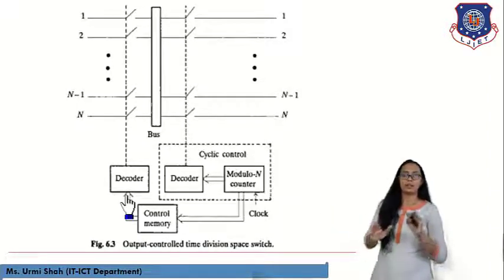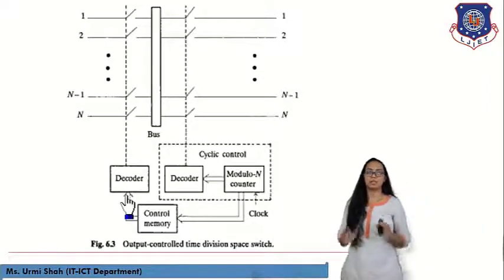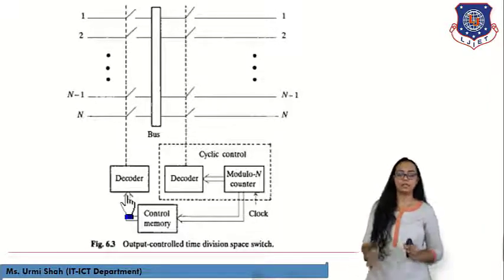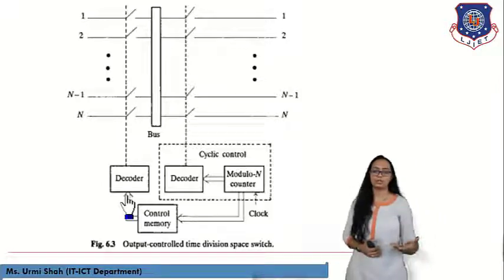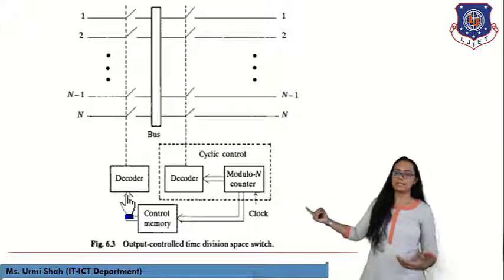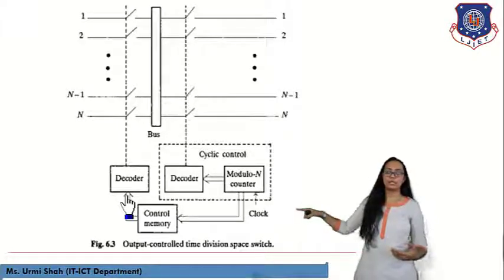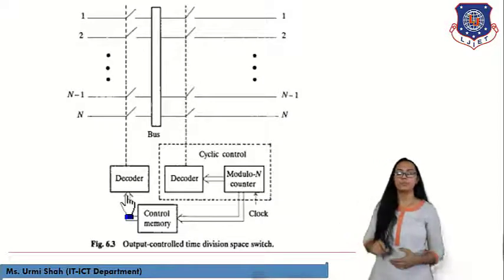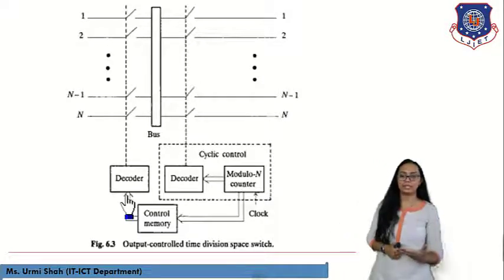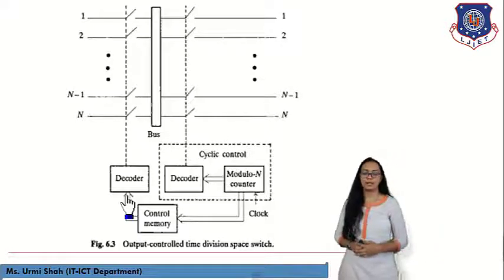So this way, the two processes in time division space switching network are opposite in input control and in output control. Over here, the modulo n counter is passing the data to the decoder circuitry, and via control memory it is going to give it to the decoder, which is going to maintain the addresses of the data from where it is coming.